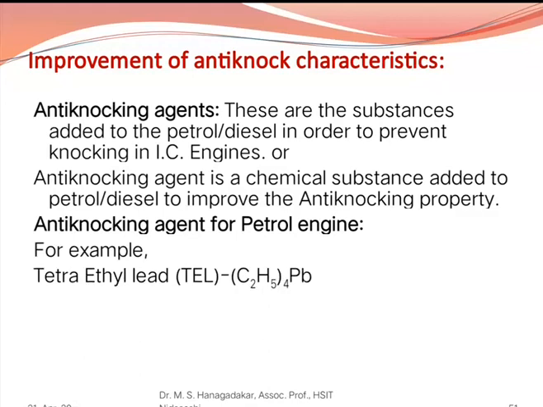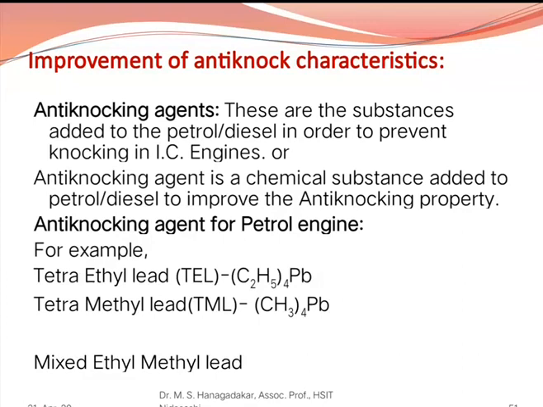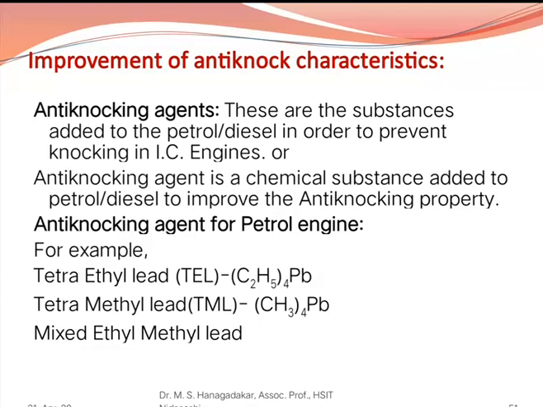For example, tetraethyl lead, TEL for short, its formula is (C2H5)4Pb. Tetramethyl lead, TML for short, is (CH3)4Pb. Then mixed ethyl methyl lead, which is a combination of both TEL and TML.